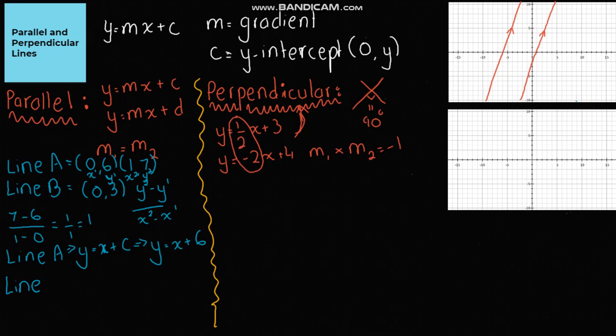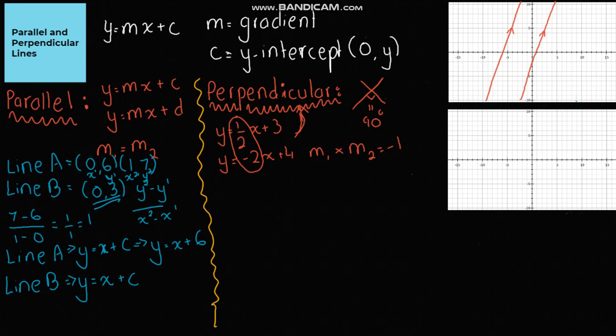Now we have the gradient of line A. We know line B, because they're parallel, also has the same gradient, so y is equal to x plus c. Again, they provided us with the information that B lies on the point (0, 3).